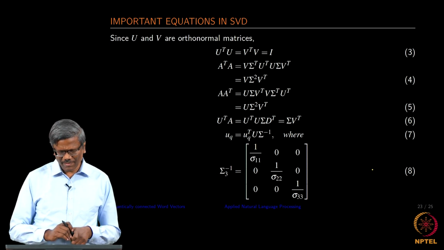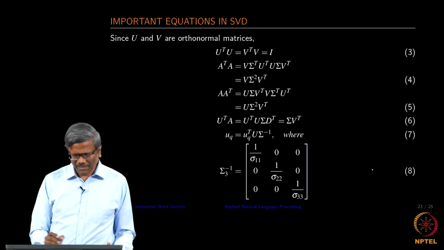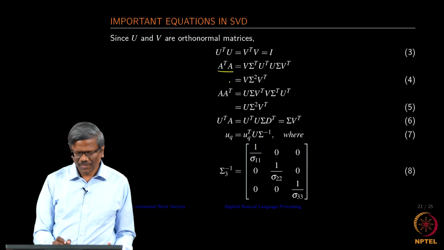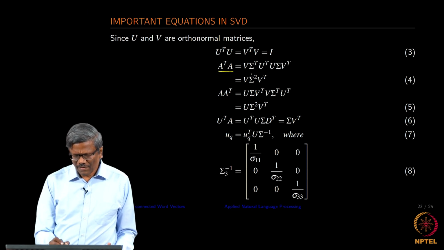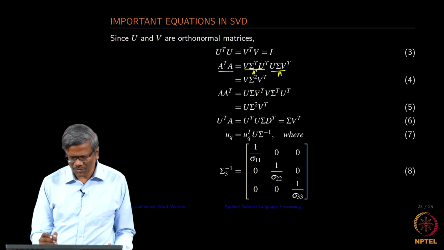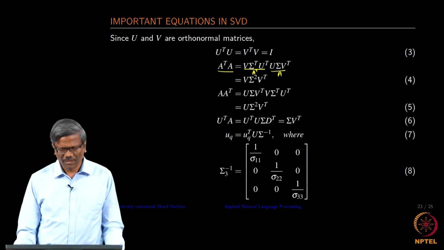And there are some more important formulae that you have to remember. I have listed some of them which we would be using. If you use A transpose A, so we know that this is our A, this is our A transpose, it becomes V sigma square V transpose.